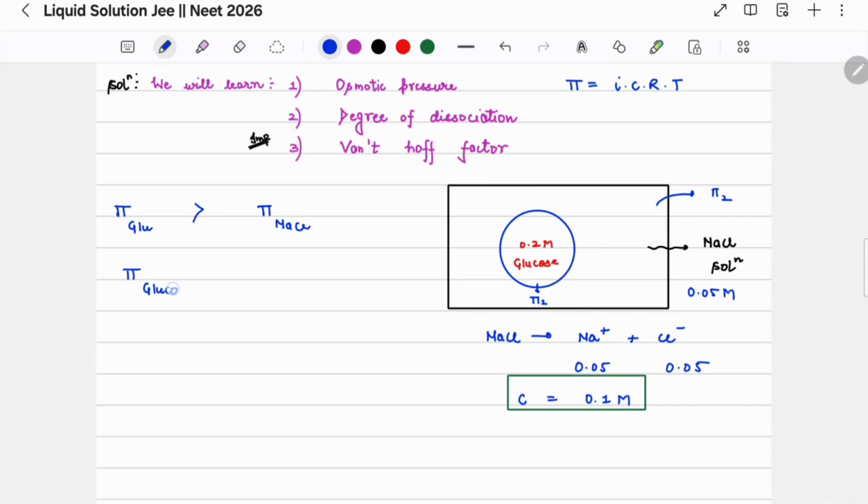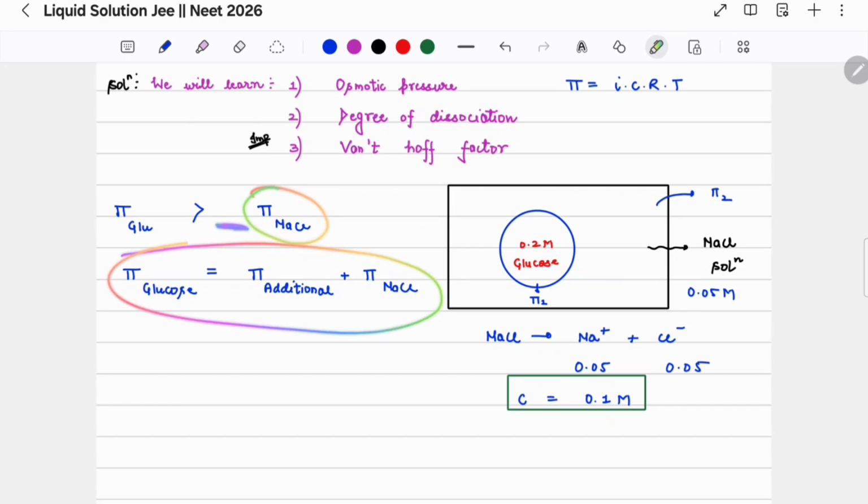This is the only mistake students generally make; otherwise the formula is very easy. Pi glucose is greater than pi NaCl. So if I have to make them equal, I will add an additional pressure: pi additional plus pi NaCl. Meaning if we add some extra pressure on the NaCl side, both will become equal to each other.